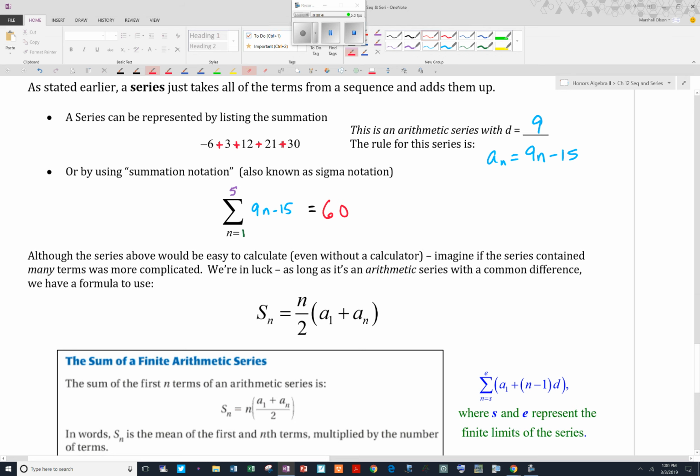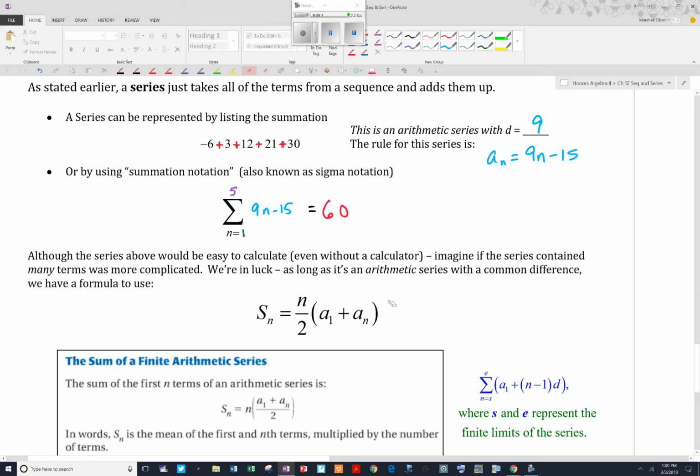Okay, but what if you didn't have 5 terms? What if you had 500 terms? Well, the cool thing is you can find the sum of an arithmetic series as long as you know how many terms you're adding up and what the first term and the last term are. Here's the formula we're going to use for the summation of an arithmetic series.